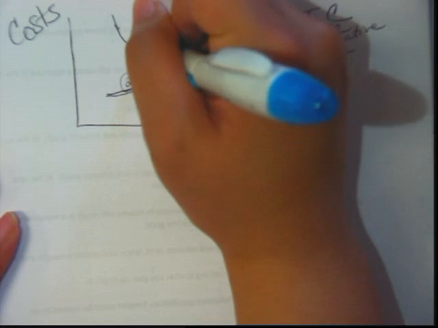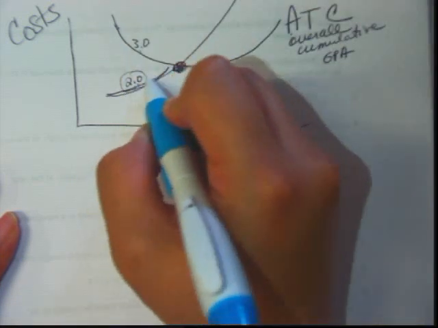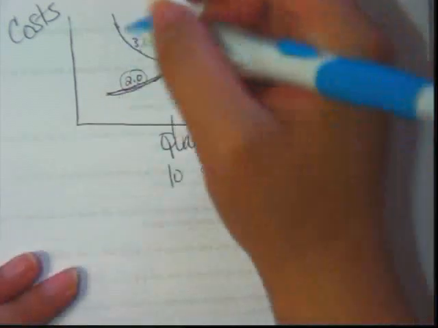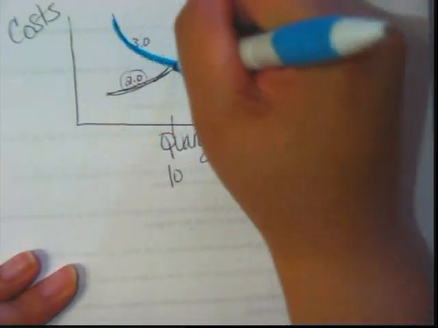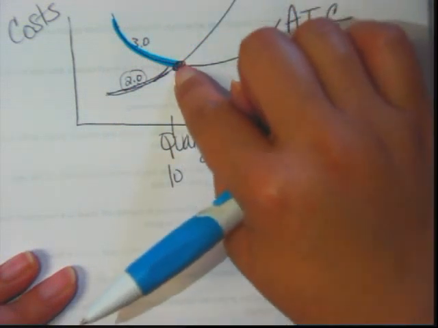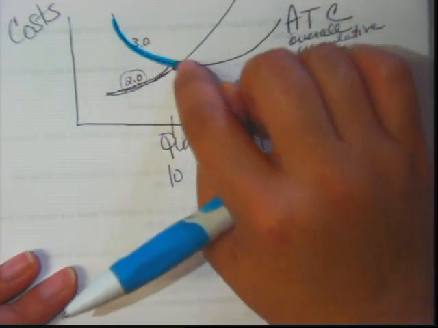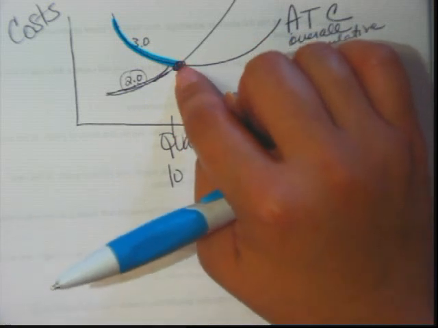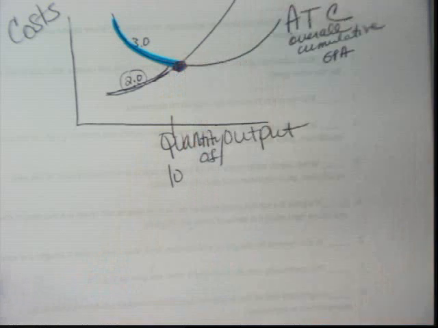You're going to bring it down a little bit. So as long as marginal cost is below average total cost, it's going to bring it down. They intersect right where they're equal. If you've got a 3.0 GPA and you make a 3.0 this semester, it's going to stay the same. That's where they're equal.